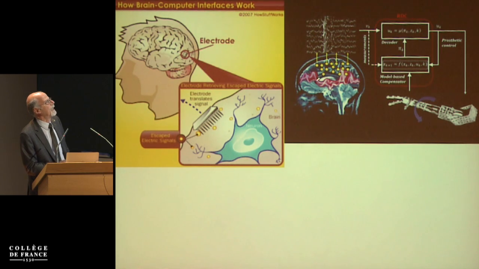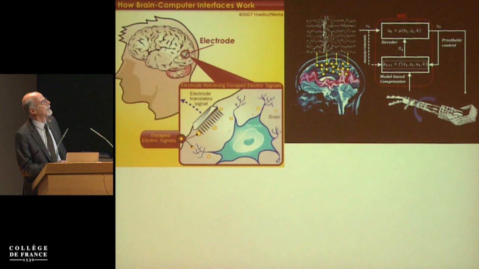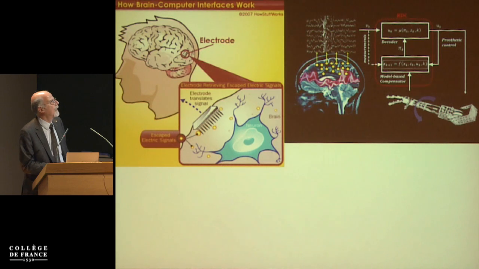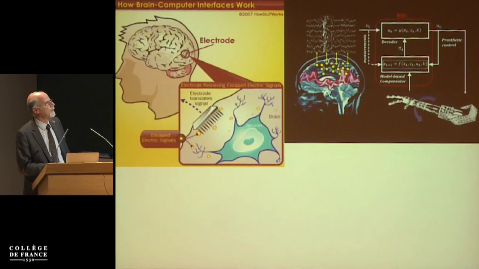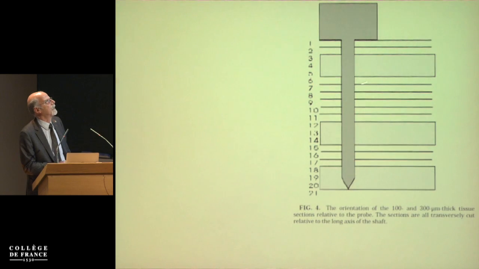And so by the signals that the brain can send to the machine through a very elaborate device, it can control the arm of the robot.